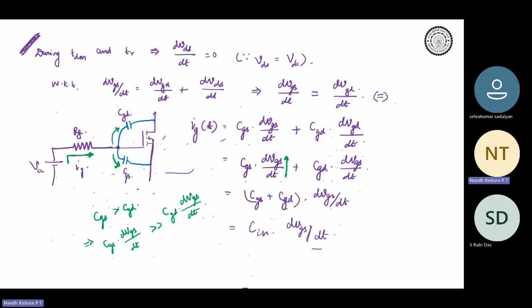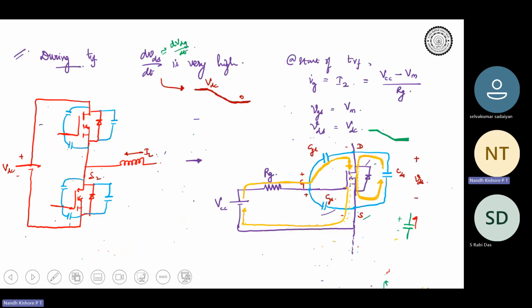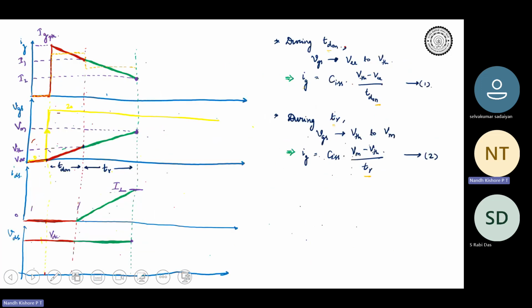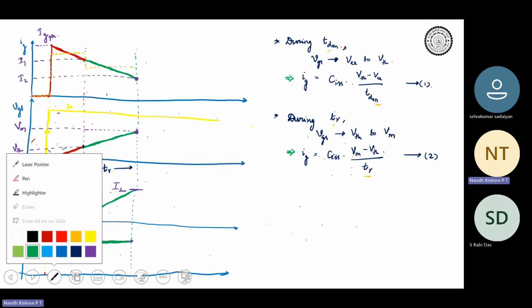But now what is happening during the voltage fall time? Almost all of your current will be flowing through CGD only. So nothing flows through CGS. If nothing flows through CGS, the gate source voltage is obviously going to remain the same.